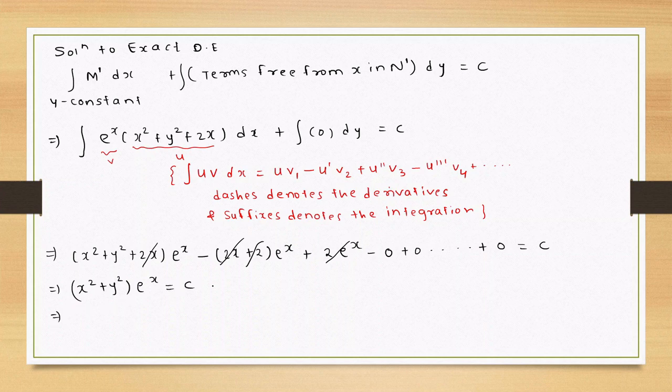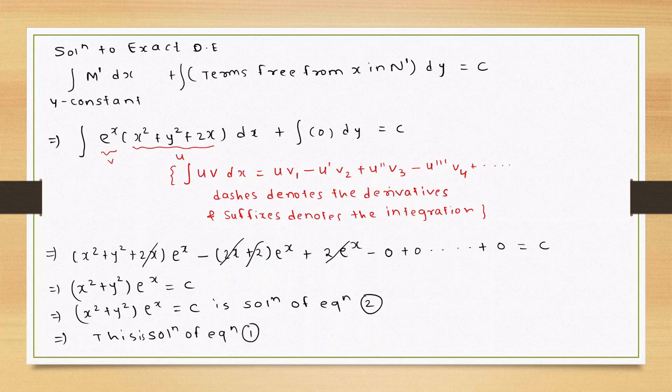So this implies (x square plus y square) e raised to x is equal to c is the solution of equation number 2, and we can say that this is the solution of equation 1 also.